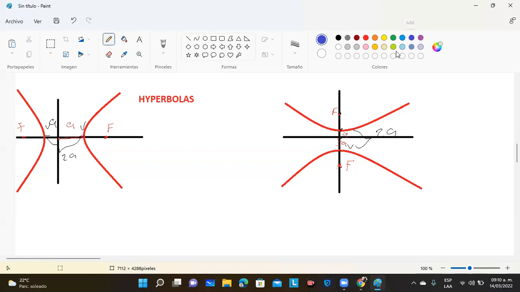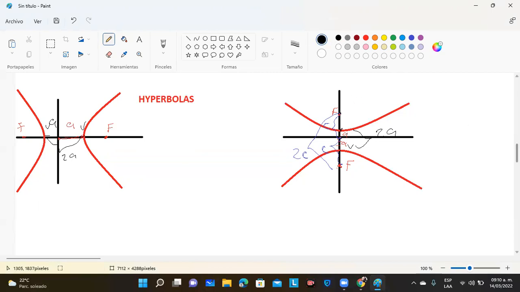So all this is going to be called C, and all this is going to be called C. So the distance between the two foci is going to be called 2C. Okay, the distance between the two foci.